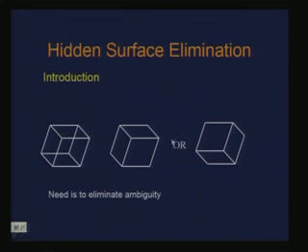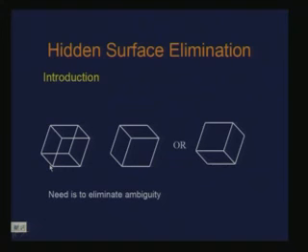Clearly, it is not known whether the object is this or the object is this, unless I perform hidden line elimination. That means the lines which are hidden are not displayed. If this is the situation, then I know that this line and the face corresponding to this line is in front. So, I get this.